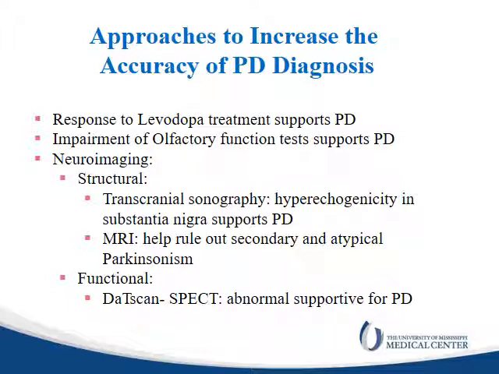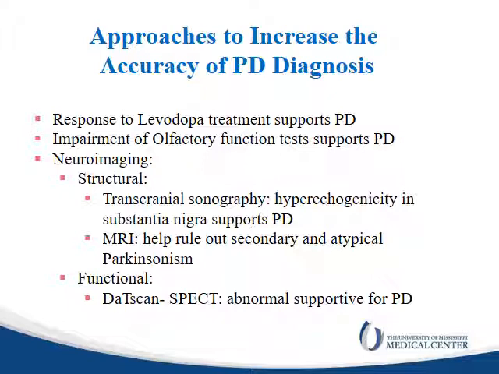Well, we said Parkinson's disease is a diagnosis of exclusion, but is there a way to increase the accuracy of Parkinson's disease diagnosis? And the answer is yes. Oftentimes clinically, we can use levodopa as an experimental treatment, and if you suspect somebody has Parkinson's disease, you can give the patient a treatment trial.